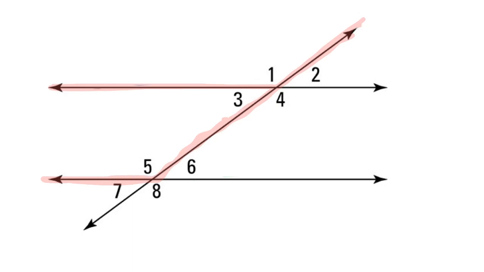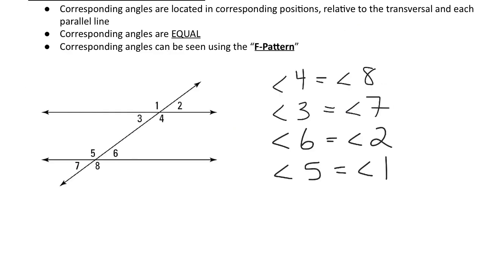So there's the F pattern, and then in terms of which angles are corresponding, it would be angle number 5 and angle number 1. So these two angles are going to be corresponding, and they would be equal to each other. So I've added those last two corresponding angle pairs to our list.